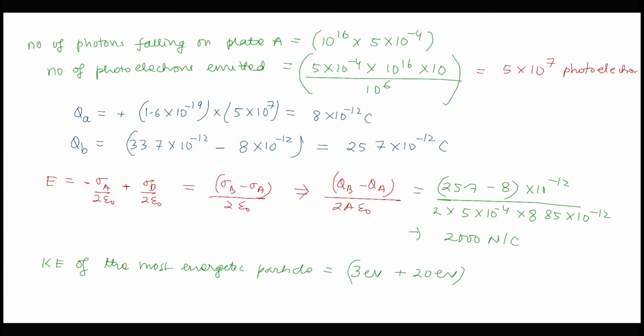Why? Because the separation between them is 1 centimeter. So over here I can calculate that the potential with which it is accelerated is 2000 into 1 by 100. So we obtain a value of 20 electron volt, and hence the value is equal to 23 electron volt. So the kinetic energy of the most energetic particle is 23 electron volt.